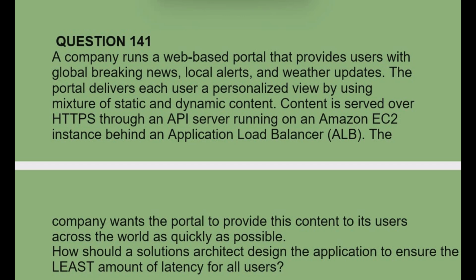Content is served over HTTPS through an API server running on an Amazon EC2 instance behind an Application Load Balancer (ALB). The company wants the portal to provide this content to its users across the world as quickly as possible. How should a solutions architect design the application to ensure the least amount of latency for all users?